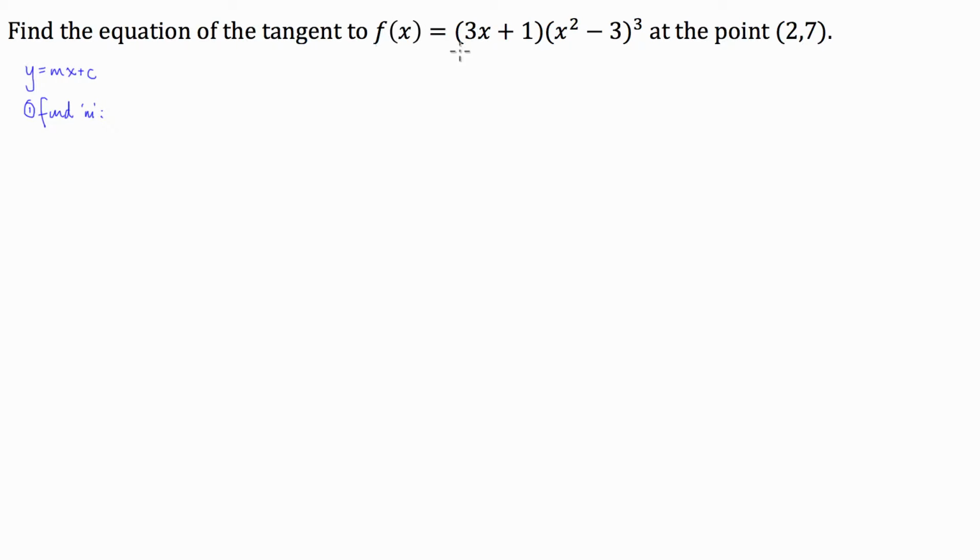To do this, we're going to use two different rules. We're going to use the product rule because we have one function multiplied by another function. And we're also going to use the chain rule because we have an inside function and an outside function. So we get the derivative, f prime of x.